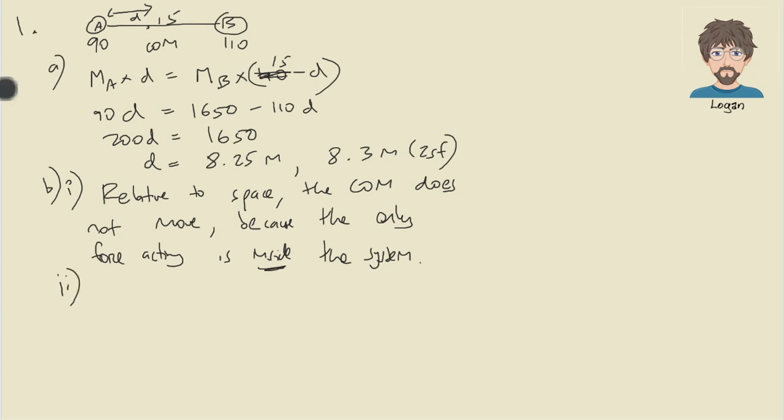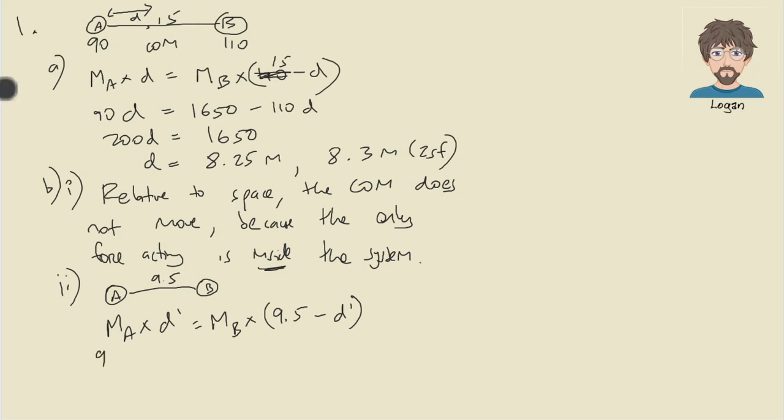2, calculate the new distance of the center of mass from A. Well, we can just do the same calculation again, except with a different distance. Let's move 5.5, so now they're 9.5 meters apart. So MA times the new D, call it D dash, equals MB times (9.5 minus D dash).